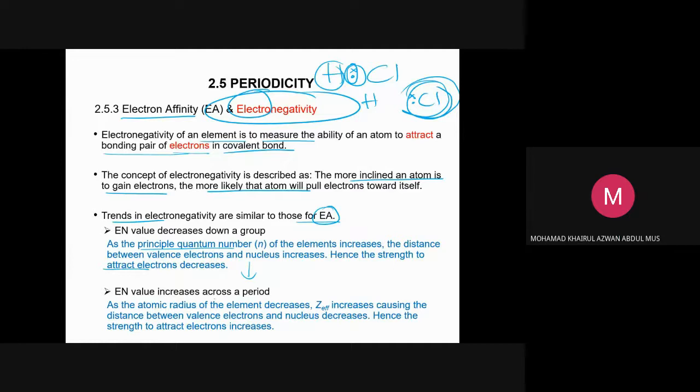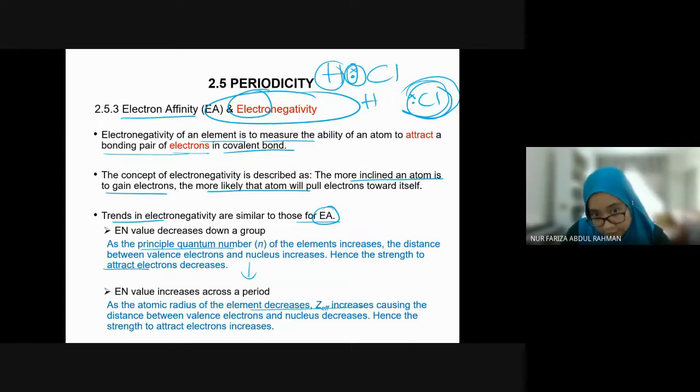Across the period, it is due to Z effective. Z effective increases and the size becomes smaller, so attraction becomes stronger. Not only can it attract the electron inside, it can also attract the electron from outside. It is the same thing here.